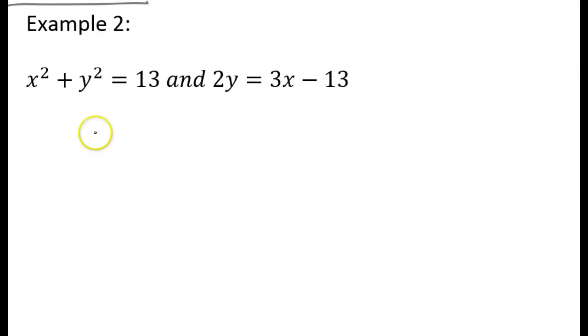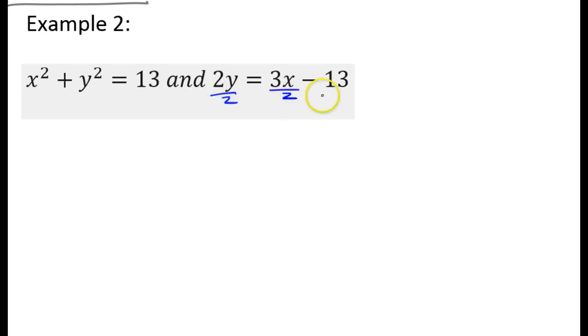Alright, example 2. Again, we have a circle intersected by a line. So I need to get y by itself. I guess I could get x by itself, but I'm going to go ahead and get y by itself so that I can do the substitution. That means I'm going to need to divide everything by 2.